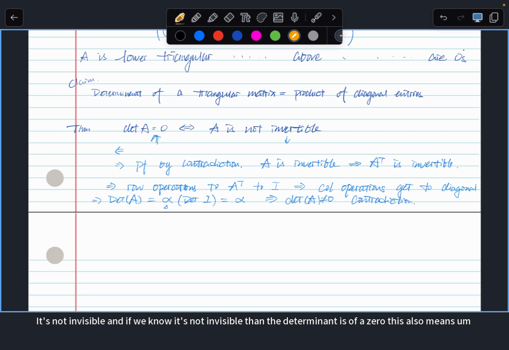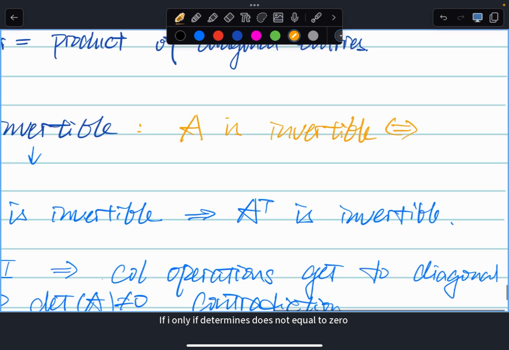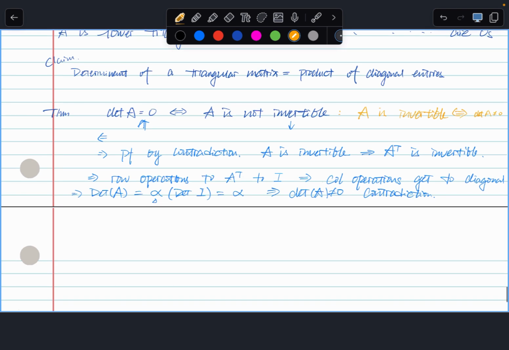This also means A is invertible if and only if the determinant does not equal 0.